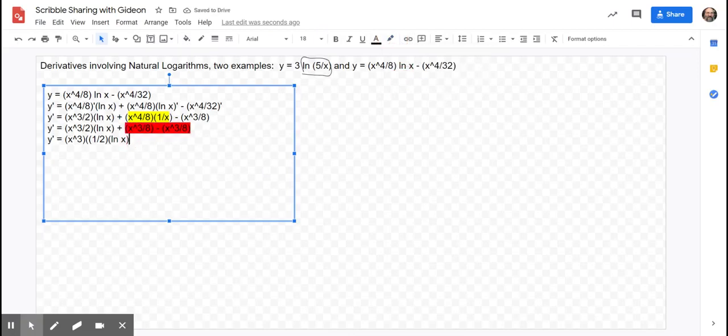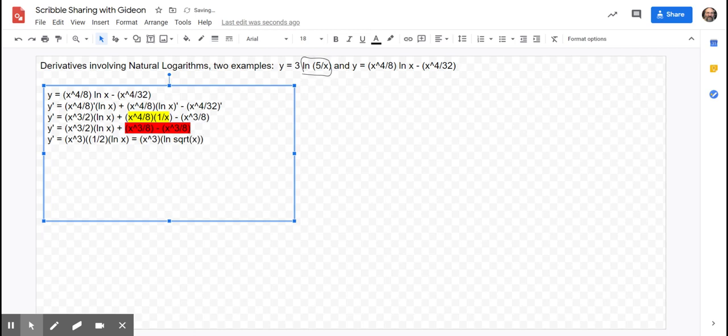I still like factoring out the x cubed because this allows me to show an alternative version of the answer. X cubed is still in the front. I'll keep it in parentheses to keep that clear. But it is possible on a multiple choice exam that they might look at the 1/2 and for some reason want this expressed as the logarithm of the square root of x.